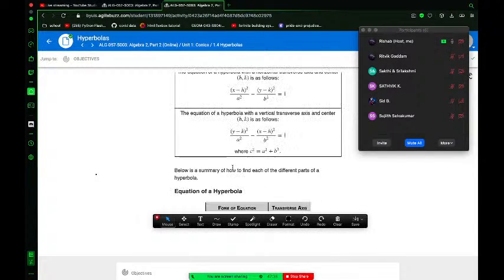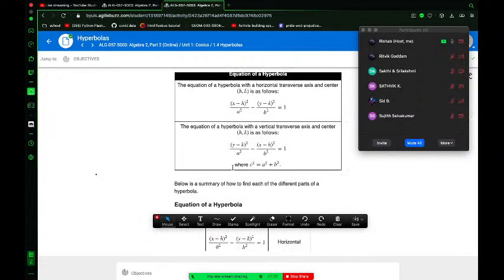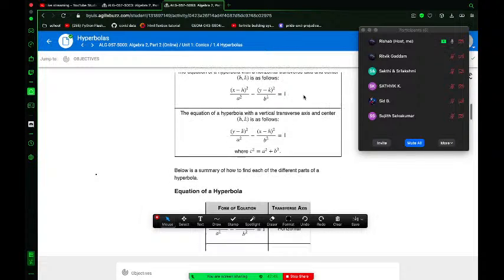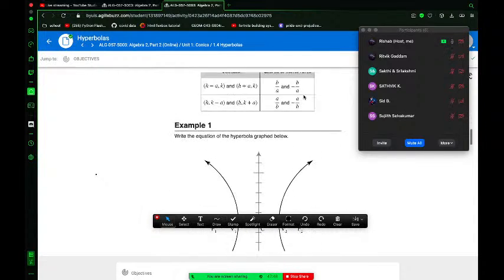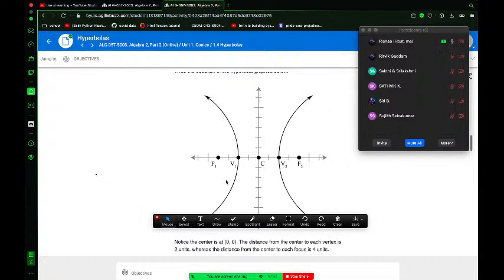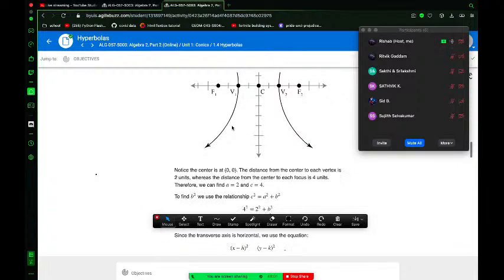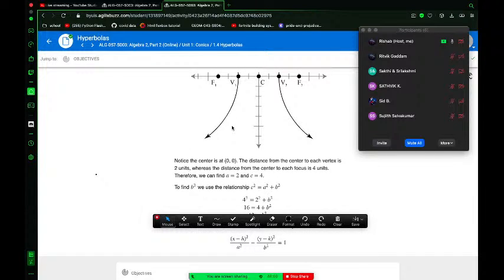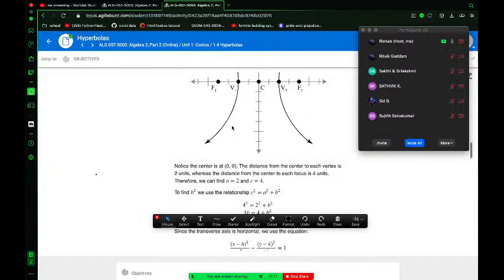Okay, so here it says the equation of a hyperbola with a horizontal transverse axis and a center. Okay, blah blah blah. I don't care. Okay, example 1. This is a horizontal, I think, transverse axis. Notice the center is at 0, 0. The distance from the center to each vertex is 2 units, whereas the distance from the center to each focus is 4 units.